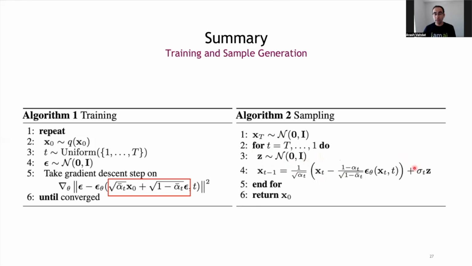Here we're forming the mean of the denoising model. Remember, this is the parameterization we use for the denoising model. And then we add noise rescaled with the standard deviation of the denoising model, sigma t, to generate x t minus 1. And we can repeat this T times in order to generate x0. So very simple training and very simple generation process.